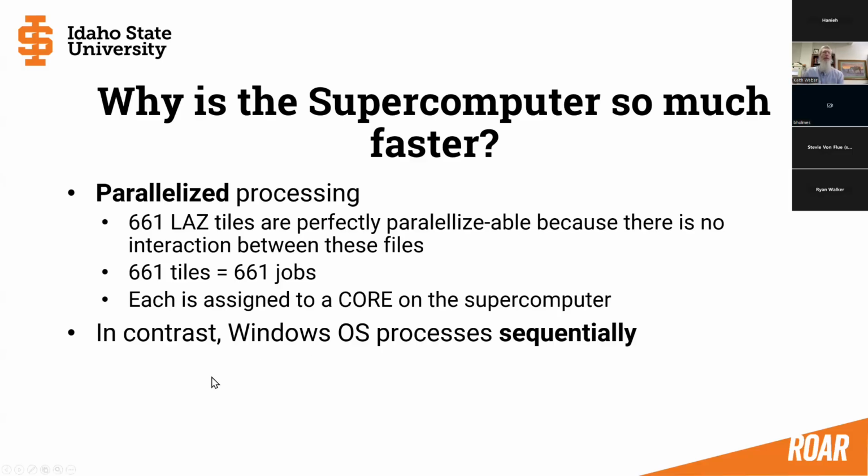In contrast, the Windows operating system processes everything sequentially. It just starts chugging away. I don't care how many cores you have. It starts chugging away, 661 tiles. It does the first tile. It will not do anything with tile number 2 until tile number 1 is done.